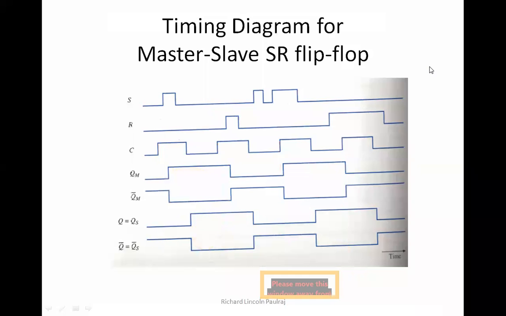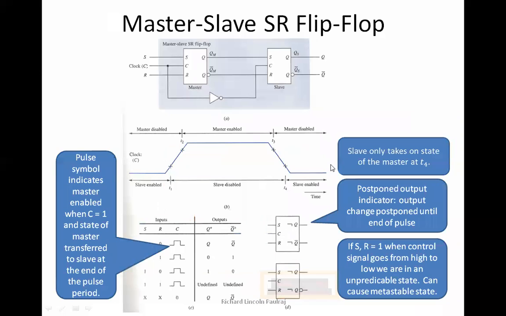In order to understand that, this diagram will actually help you a lot. You need to really look into this diagram, and you'll be able to understand exactly what is happening. You can see that master is disabled, slave is enabled, because it's a low value. Next, I will give a high value here.